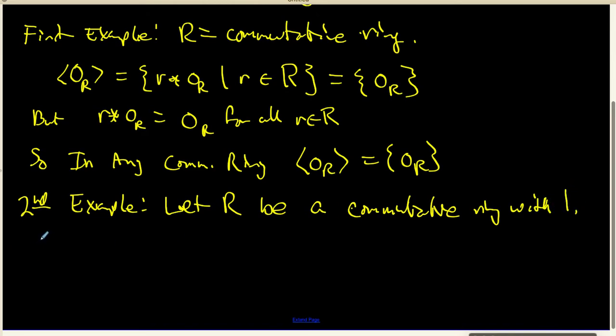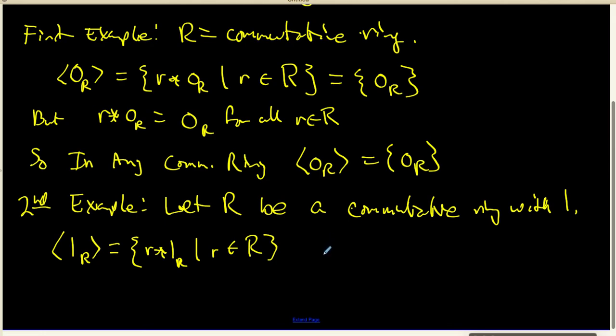And in this particular example, I want to look at the principal ideal generated by the multiplicative identity. In other words, the principal ideal generated by 1. Well, again, if we just look at the definition, this is going to be R times 1 as R ranges over all of the elements inside the ring.